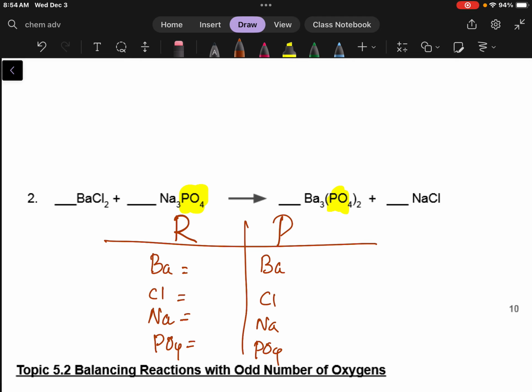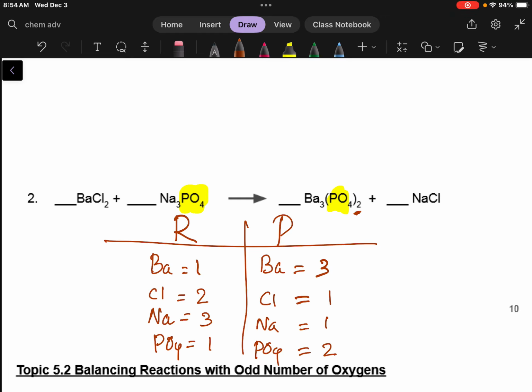Okay, so Ba, how many on the left-hand side? 1, and 3 on the right-hand side. Chlorine 2 and 1 on the right-hand side, and sodium 3, and here there is how many? 1. Phosphate 1, and look, for a polyatomic ion you have to look at the subscript, the number outside, which is 2.